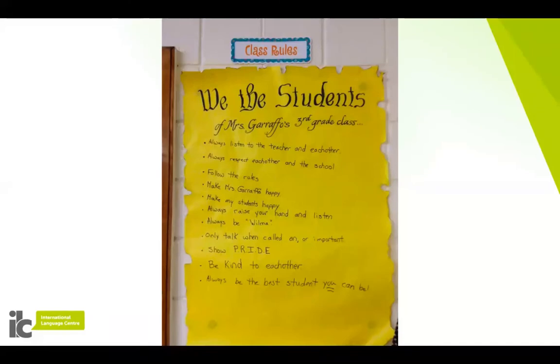Also, you can leave some space in this contract, because over the course you might want to make some amendments. For example, the first months, they are adjusting to the group, to the process of learning, and then things start to happen, and something new pops up, and you might say, no, this is not good. So let's negotiate, and again, let's put this on our contract.